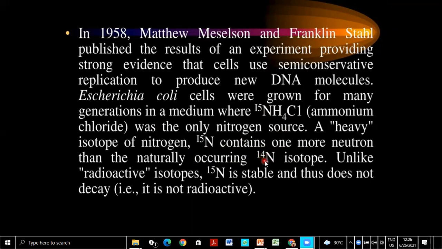But they were experimentally grown for several generations in N15 culture medium, so that finally both strands of the DNA contain N15. Unlike radioactive isotopes, N15 is stable, so it does not decay. It was a good culture medium for the experiment.